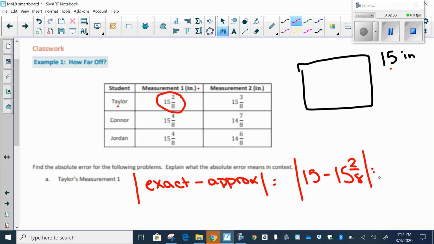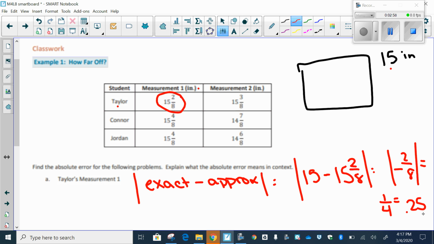Now I know that 15 minus 15 2/8 is equal to the absolute value of negative 2/8. The absolute value of negative 2/8 is 2/8, which works out to be 1/4. And I also know that 1/4 is 0.25 or 25/100.